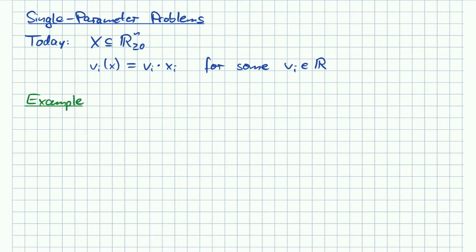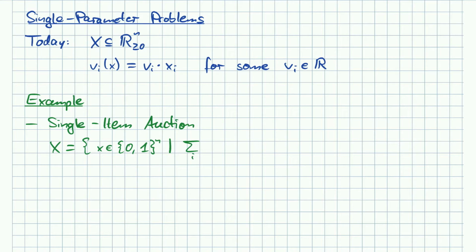For example, we might have the single item auction, which we would simply represent as X being all the vectors in {0,1}^n, where the sum of the x_i is equal to 1.